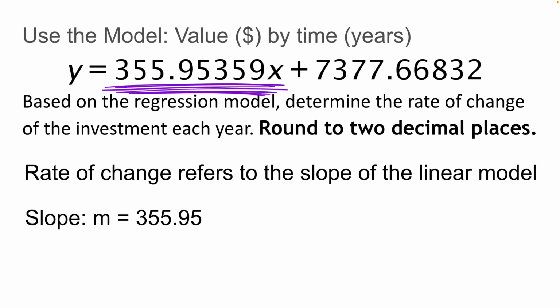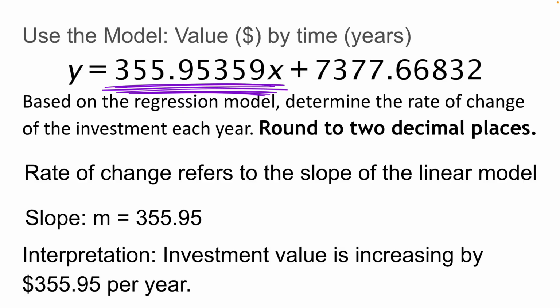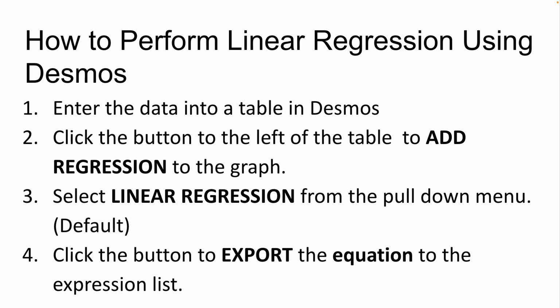So looking at our model, we find that the slope is 355.95, rounding to 2 decimal places. This means that the investment value is increasing, since it's positive, by $355.95 each year.